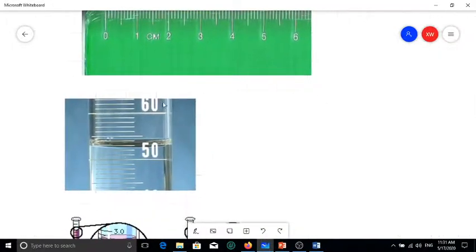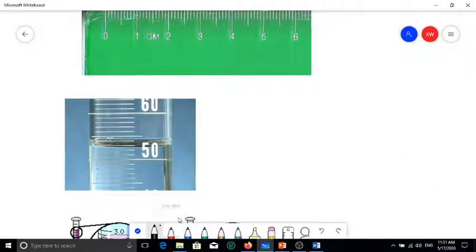Now this is a picture showing you a graduated cylinder, which is a measuring device for the volume of liquid. The unit here is mL. The m stands for milli, L stands for liter. So this is a combined prefix with fundamental units. 1 mL is 10 to the negative third liter.